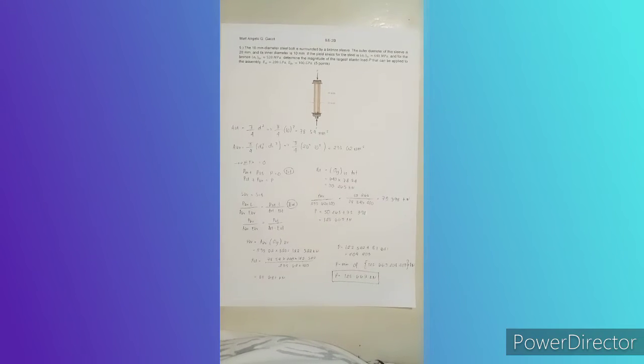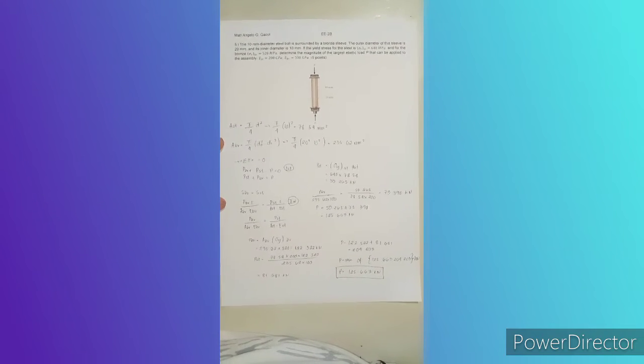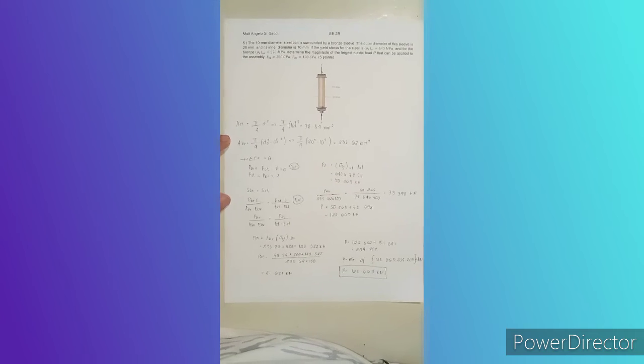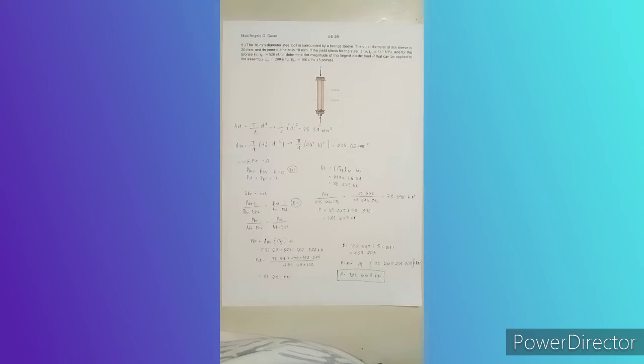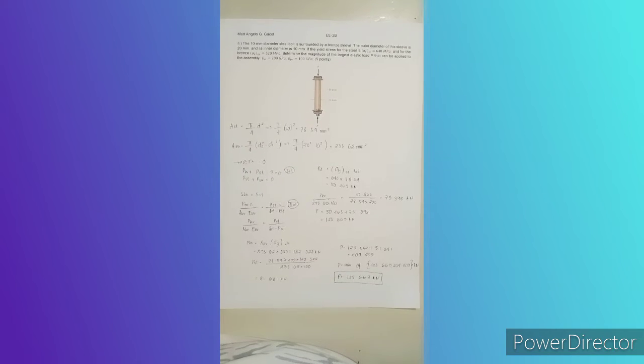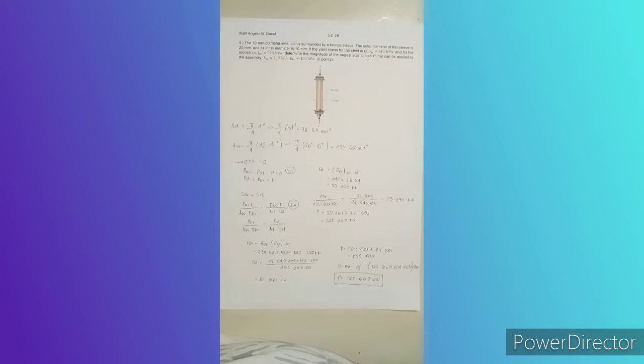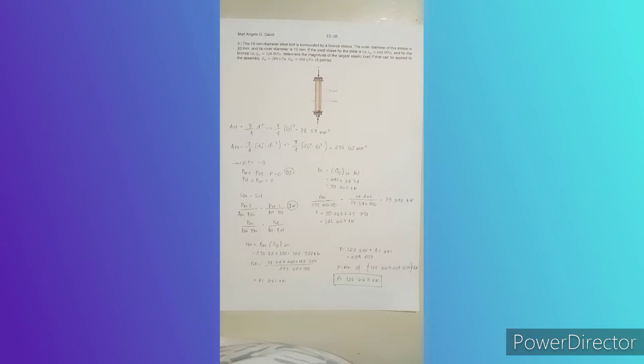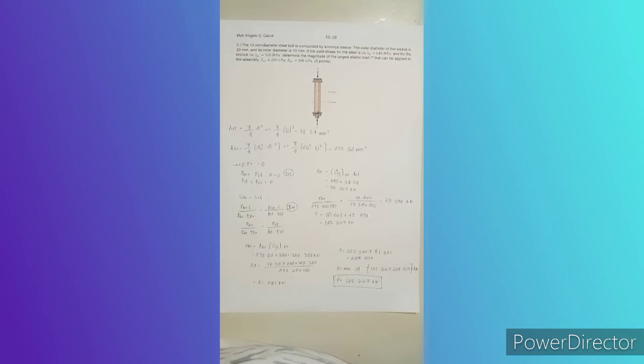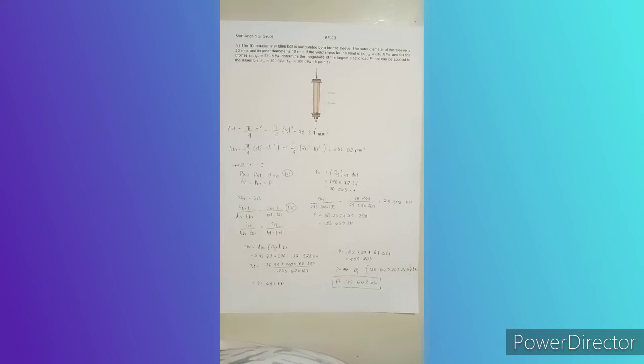So our AST is equal to pi all over 4 d squared. So that's our formula, applying values to pi all over 4 d squared. So pi all over 4 times the quantity of 10 squared is equal to 78.54 millimeter squared.